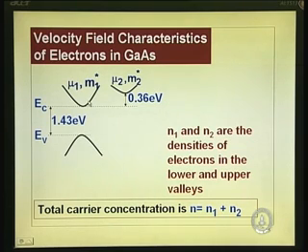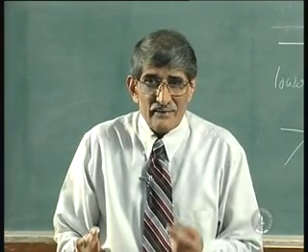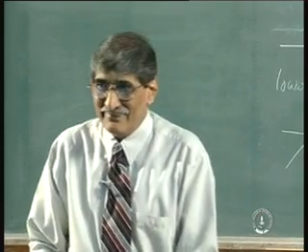As you keep increasing the electric field, some of them may get transferred to that, call it N2. N1 here, N2 here, the sum N1 plus N2 is equal to the total. Hereafter, if you understood the phenomena, we can just go through 3-4 slides very quickly.